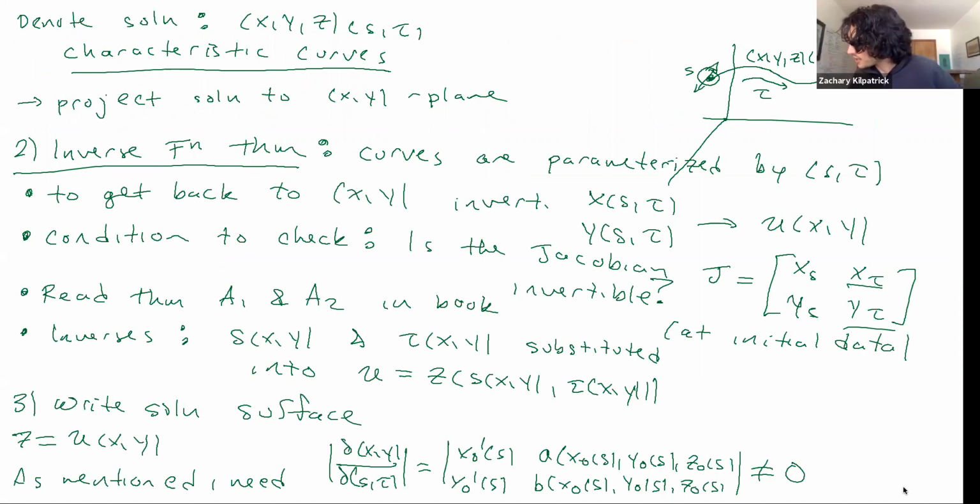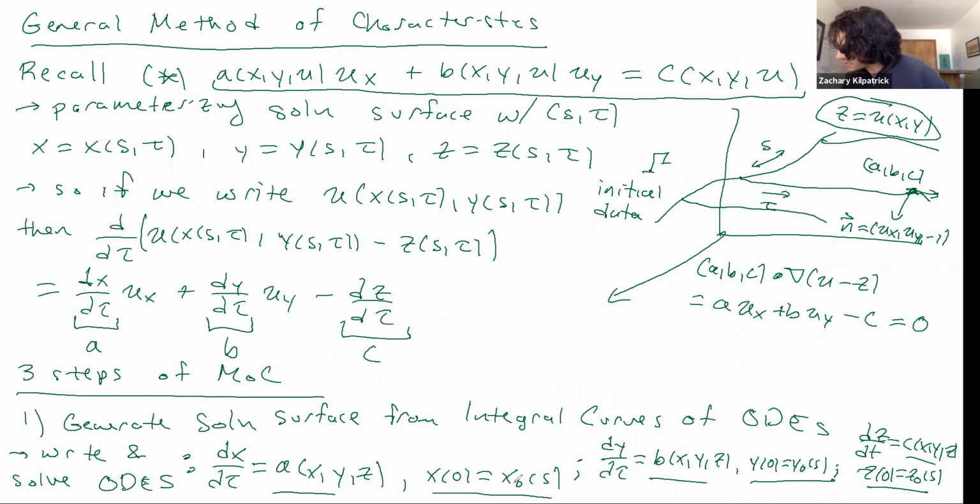Yeah, so that's because along the initial data, we have that, yeah, that's right. We're assuming basically, yeah, so I'm sort of sweeping some things under the rug here, right? This is saying x of s0 is equal to x0 of s. This is saying that y of s0 is equal to y0 of s.